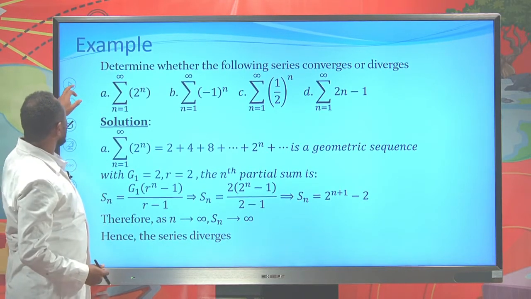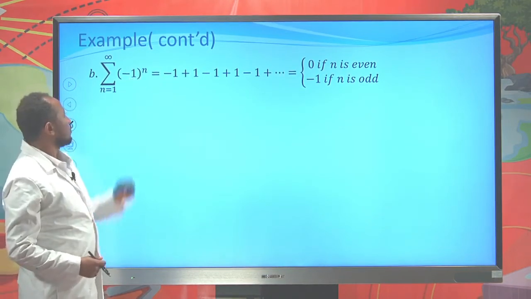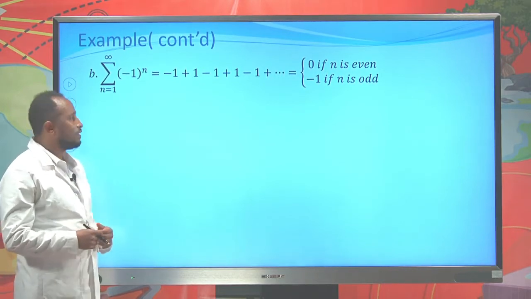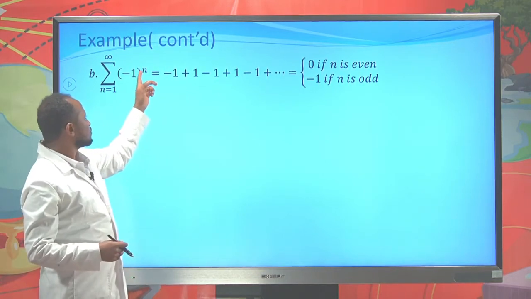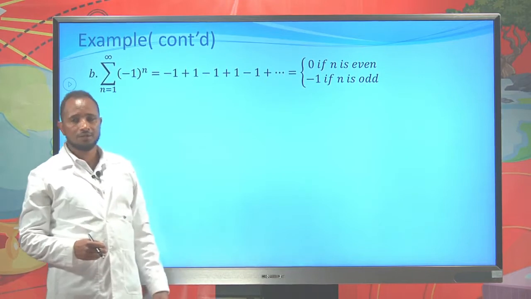Now let's see another example. This one, negative 1 to the power of n, where n starts from 1 up to infinity. The first term is minus 1, the second term squared is positive 1, minus 1, positive 1, it goes on like this.